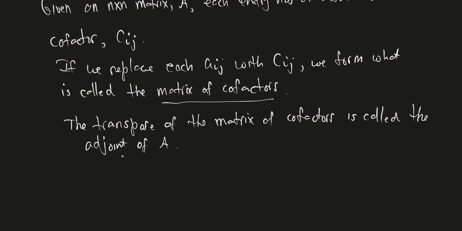We denote the adjoint by ADJ, and then you put your original matrix A in parentheses. This is read, the adjoint of A, and this is how it's defined. We form another matrix where we replace the Aij's with the Cij, and then we have to take the transpose of that particular matrix. And that's what we call the adjoint.